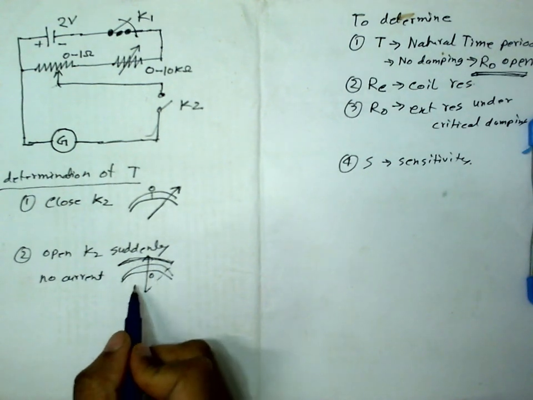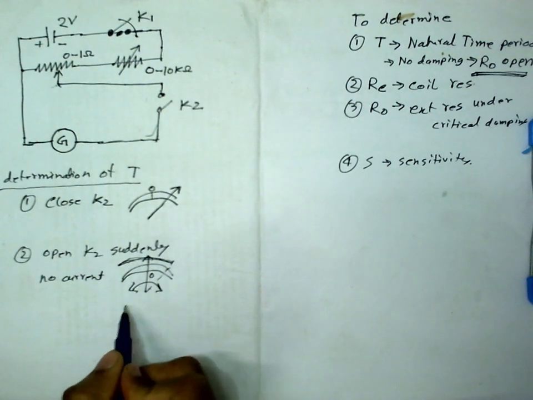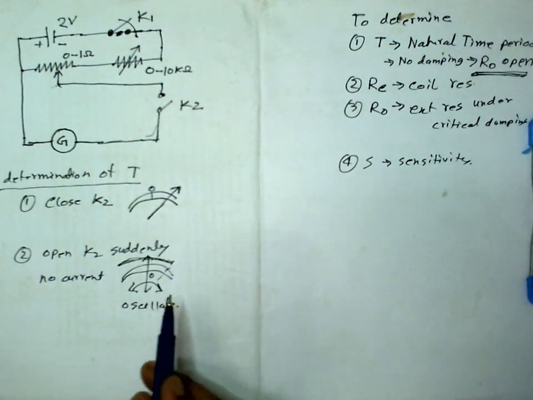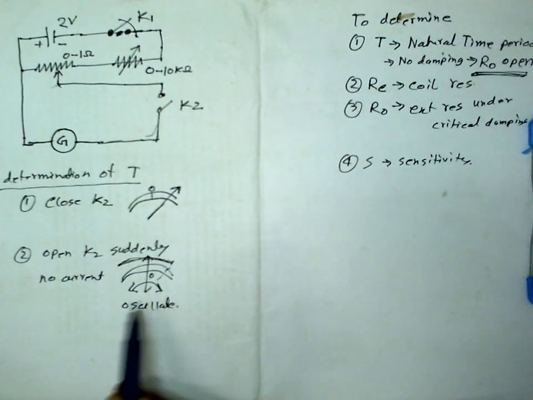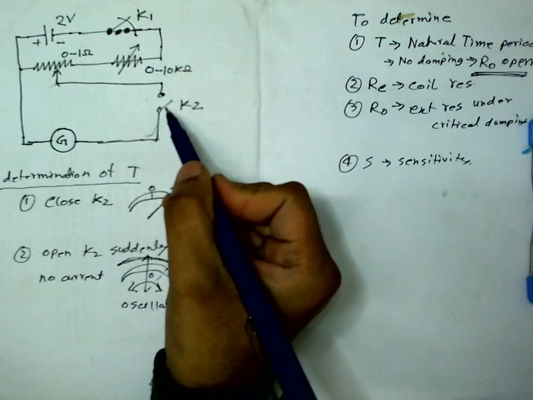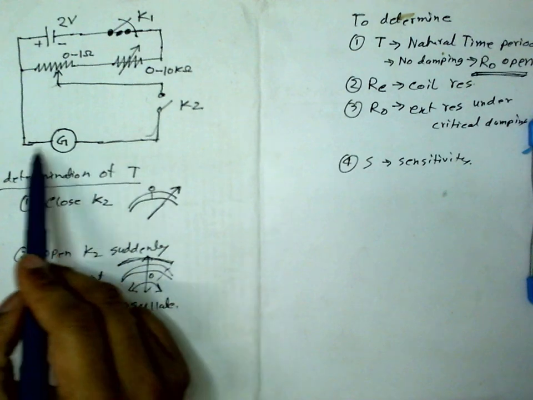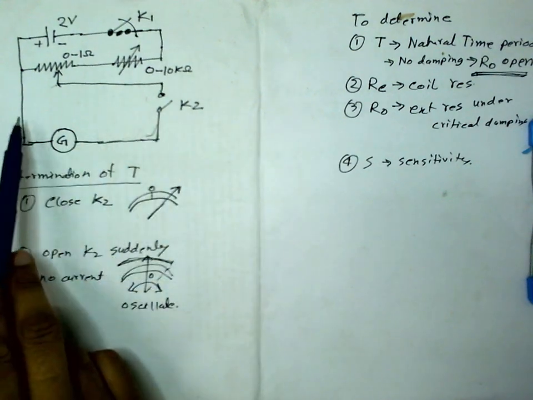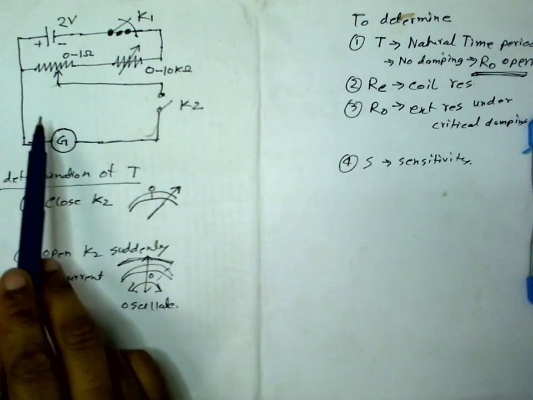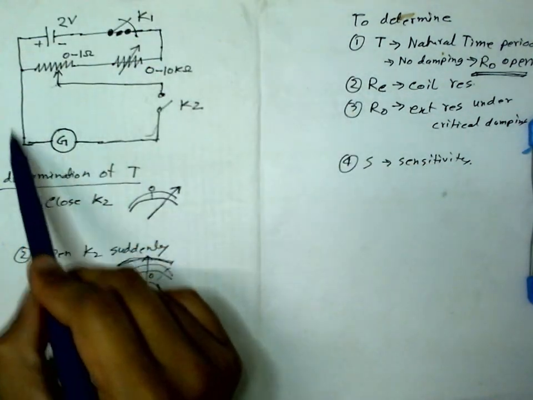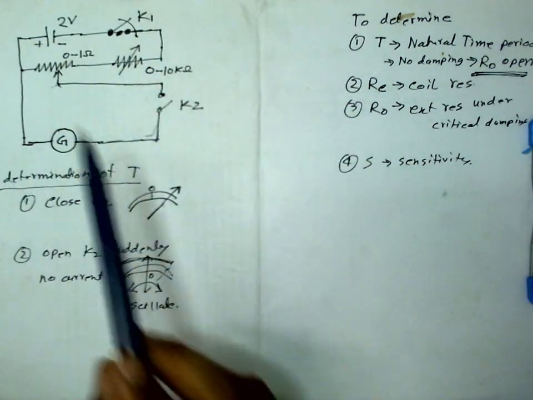So it will oscillate. And now note that when this is oscillating, K2 is open. K2 open means the external circuit is open. The galvanometer is not connected to anything. This part is a separate part. There is no closed circuit through the galvanometer.